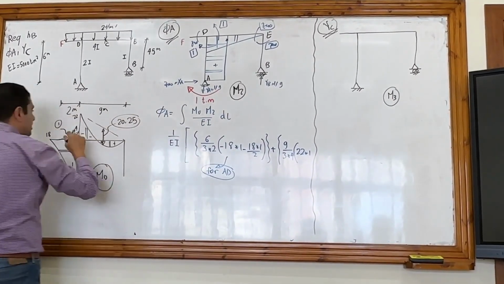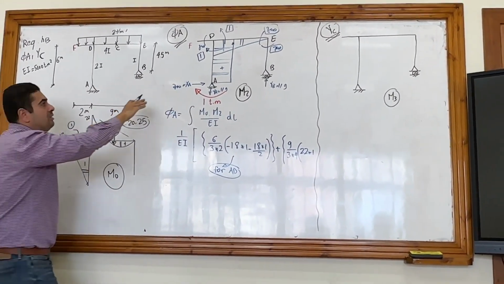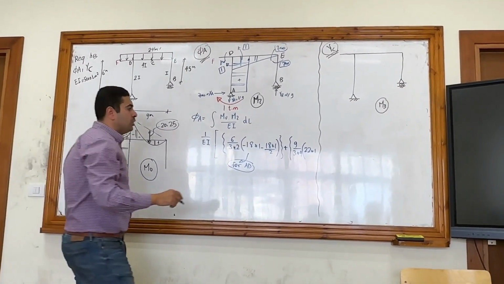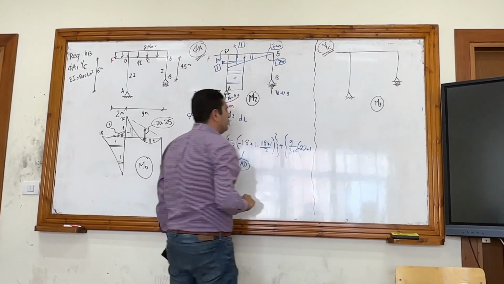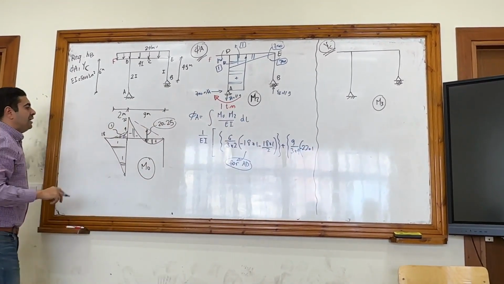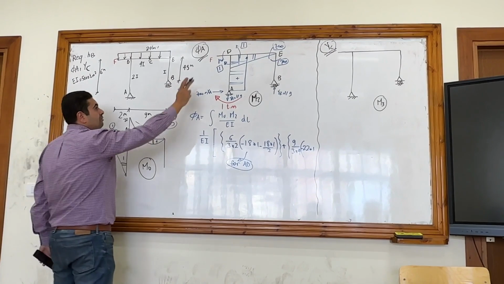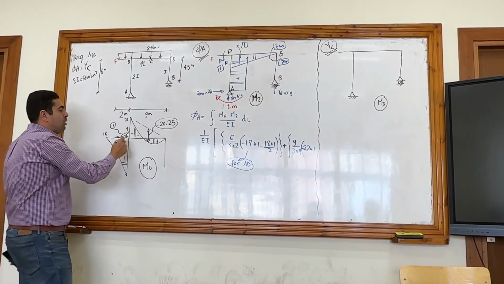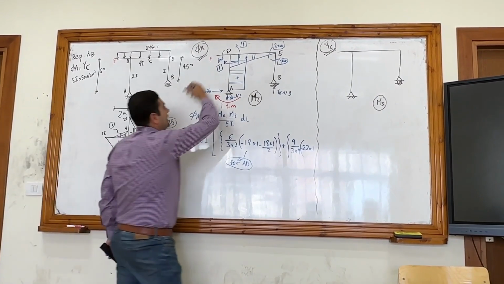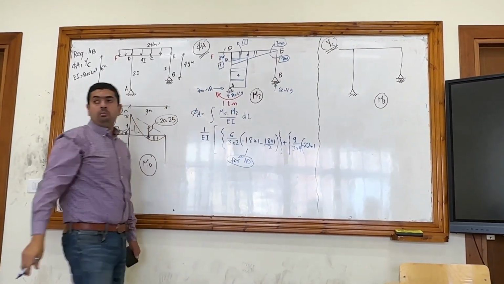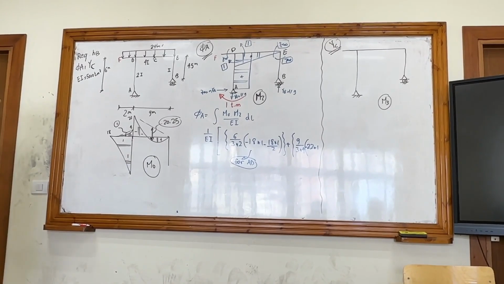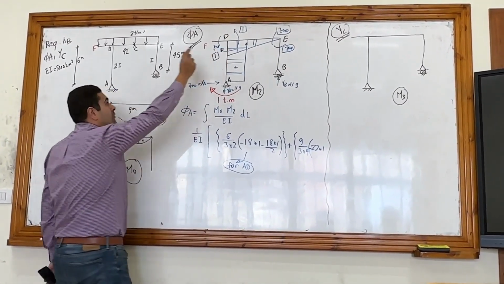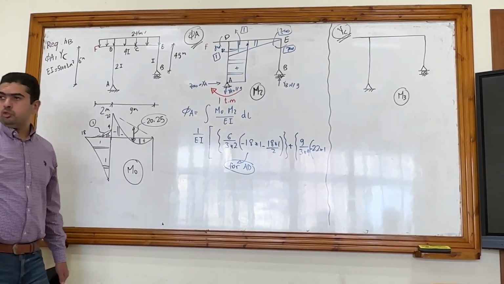The 22 is upwards and the 1 is downwards, so they are in the opposite direction, so the sign will be negative. The second value multiplied by the second value, 0 times 0, 0. The first value, 22, multiplied by the second value, which is 0, divided by 2, will be 0. The second value here, multiplied by the first value there, divided by 2, will also be 0.